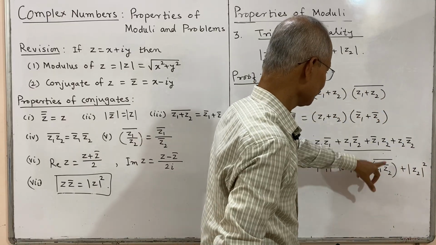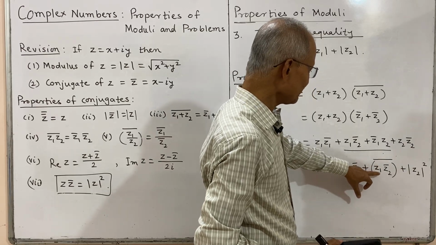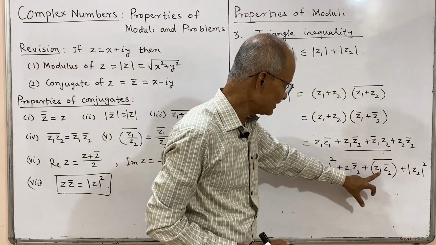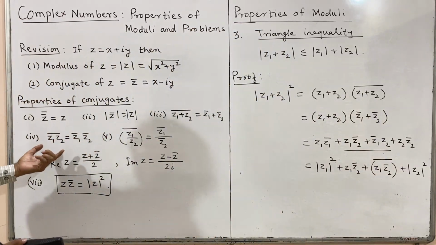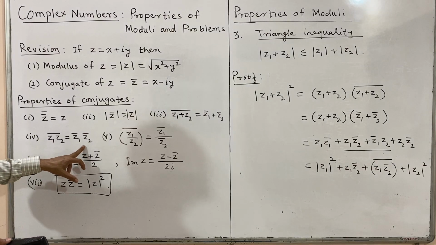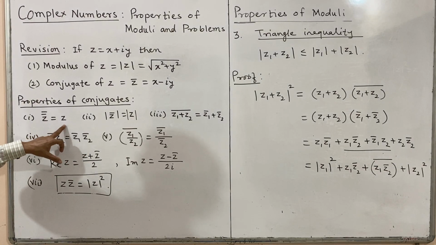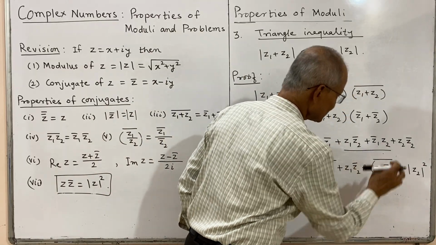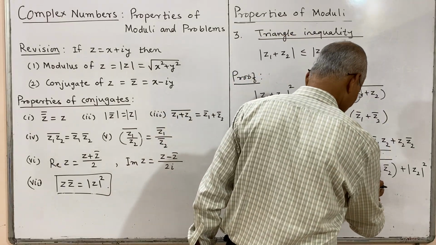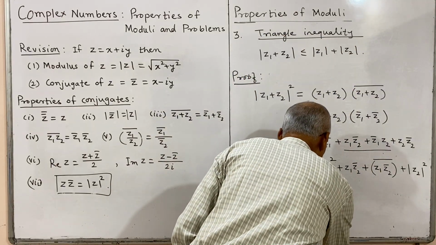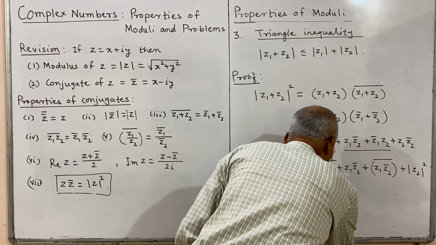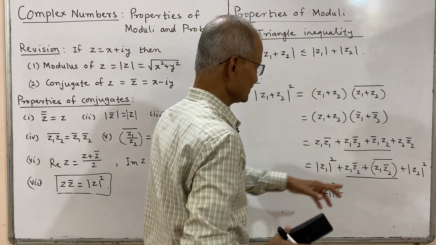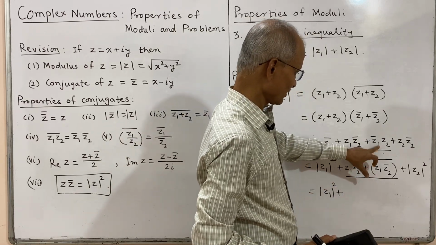Now you note this, see, the conjugate of z1 into the conjugate of z2, and that is by this property, the conjugate of z1 into the conjugate of z2, and using that the double conjugate is z, this will be z1 bar and the double conjugate of z2 is z2. So therefore we have written like this, and again this is equal to mod z1 square plus, now what is this sum, you note this is as it is and these two are equal.